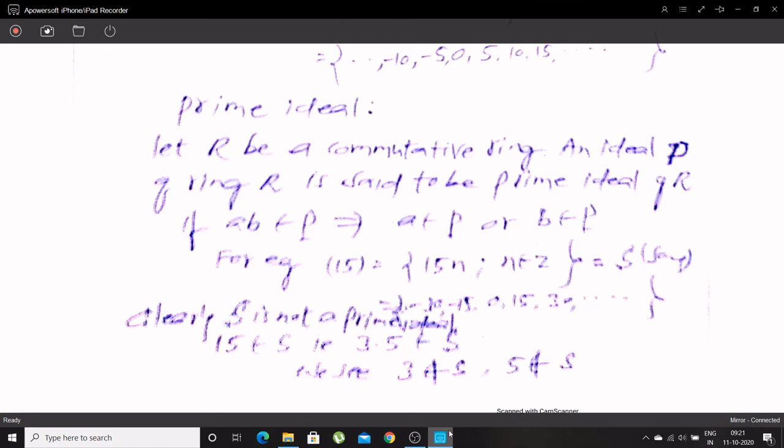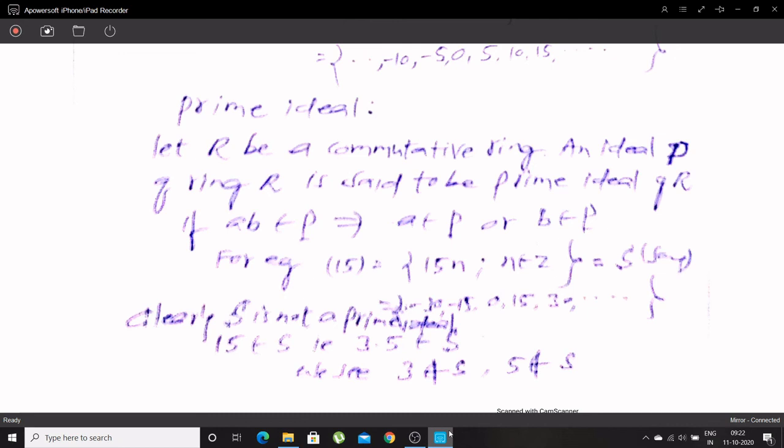Clearly, this example shows that it is not at all a prime ideal, because 15, listen to my words carefully, 15 is a member of this set S. 15 can be written as 3 into 5, but 3 is not a member of S, and 5 is not a member of S. What we observe here in this example, S contains the multiples of 15.